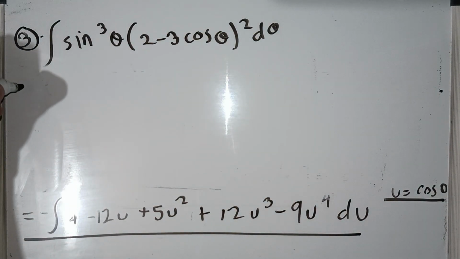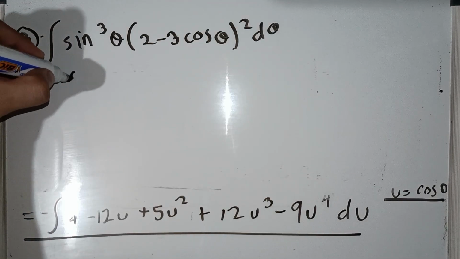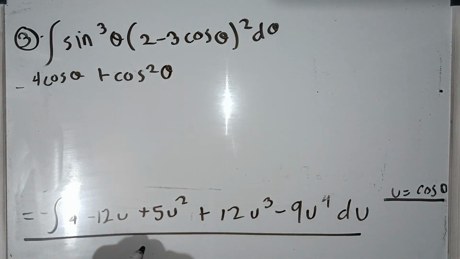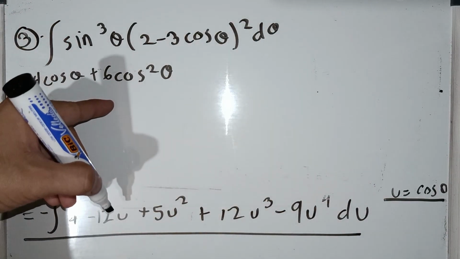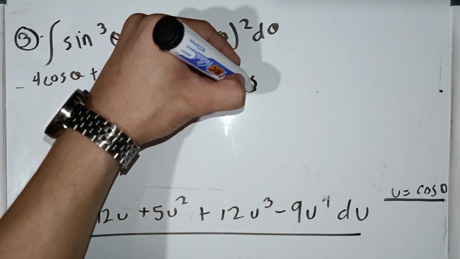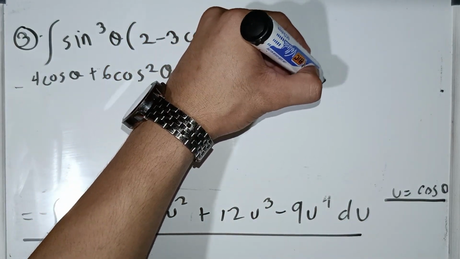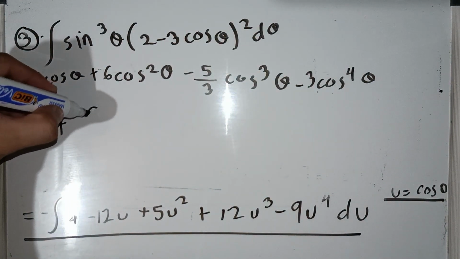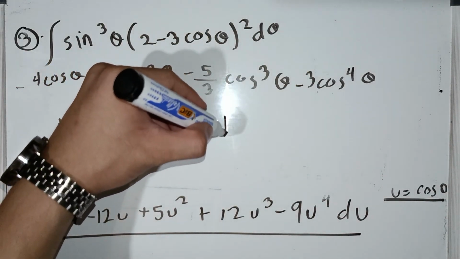That will become negative 4 cosine theta plus 6 cosine squared theta minus 5 all over 3 cosine cube theta minus 4 cosine raised to 4 theta plus 9 all over 5 cosine raised to 5 theta plus c.